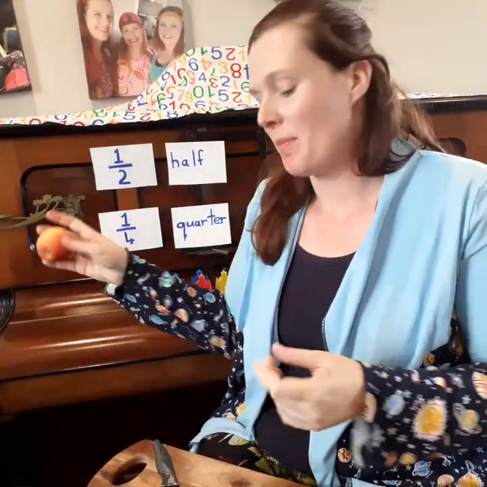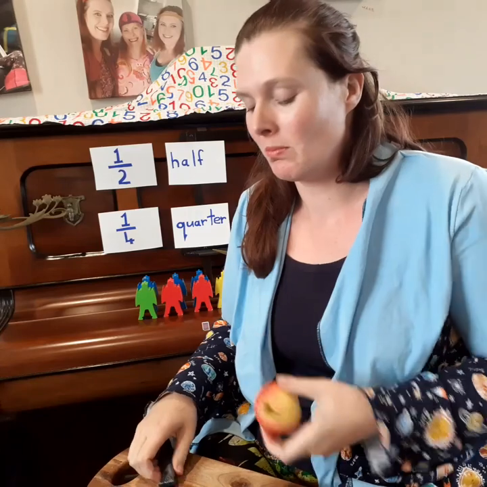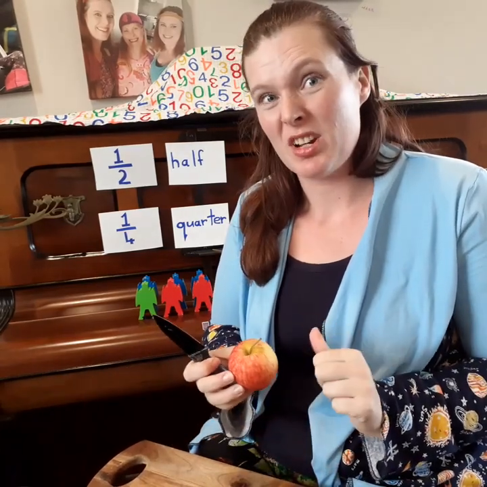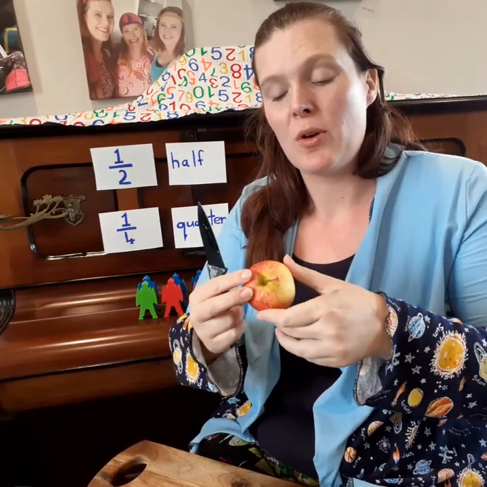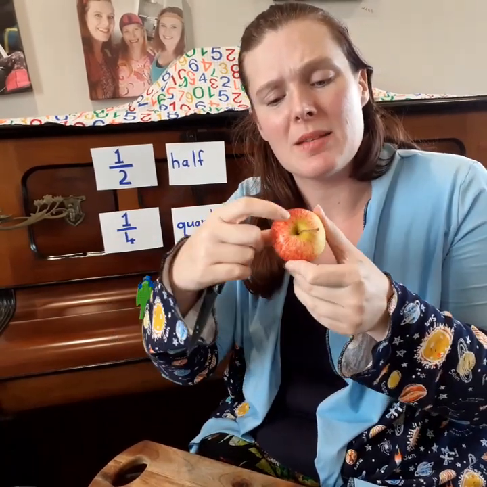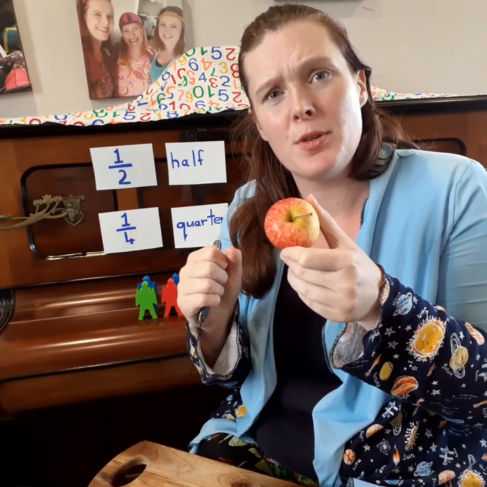Let's see if I can try again. Another apple here. And this time I'm going to try and cut it down the middle so that I'll be left with 2 equal pieces at the end. So I think the middle is about there. Do you agree?